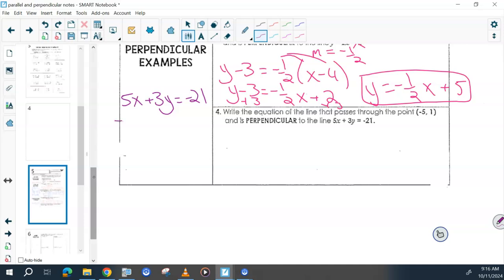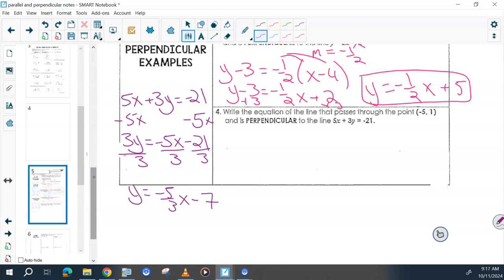So we have 3y equals negative 5x minus 21. Divide everything by 3. So we have y equals negative 5 over 3x minus 7.